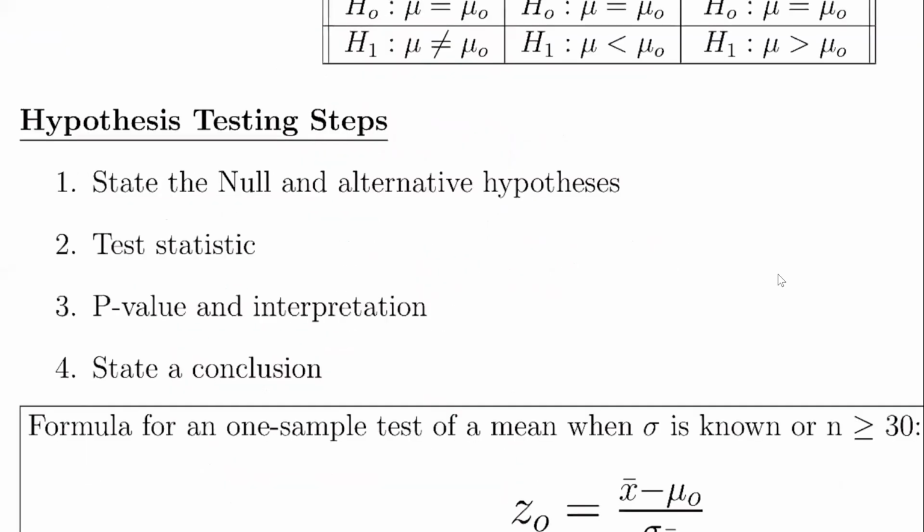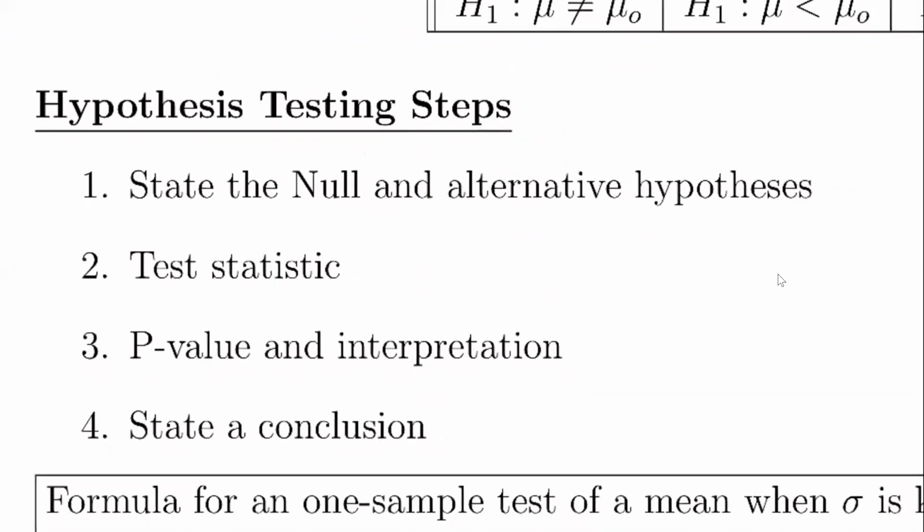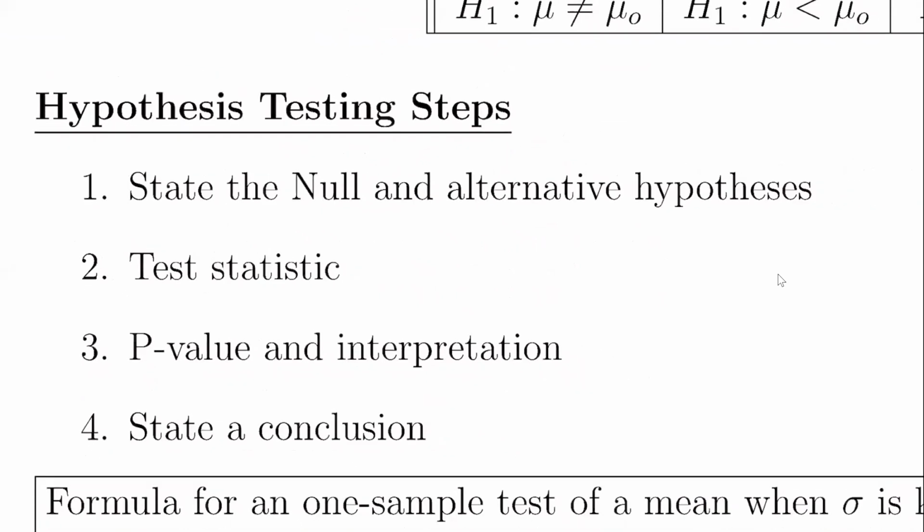So the quiz on Monday will be broken down like this. The first part will be to state the null and alternate hypothesis. The second part will be to get your test statistic, which is either going to be the z-value or the t-value.